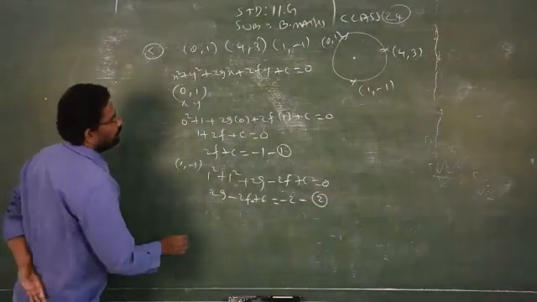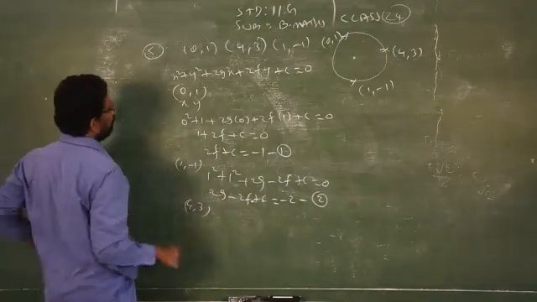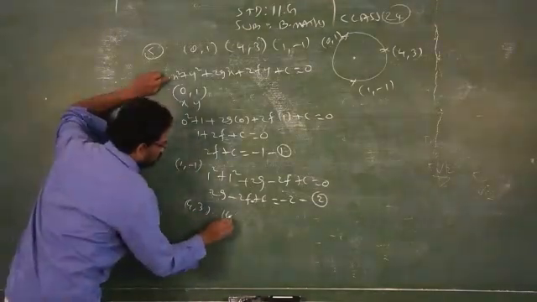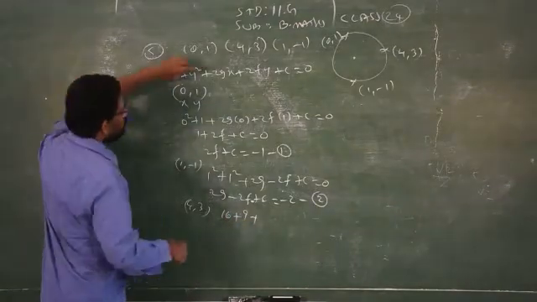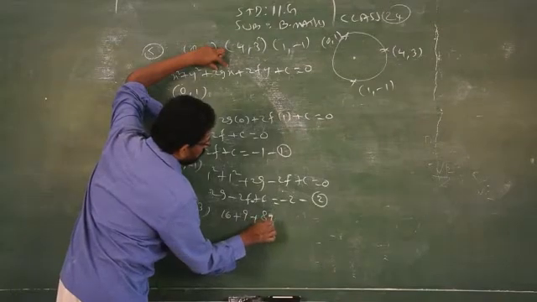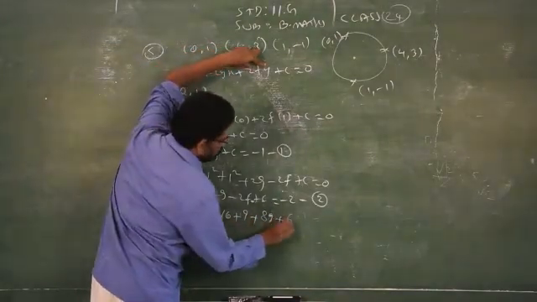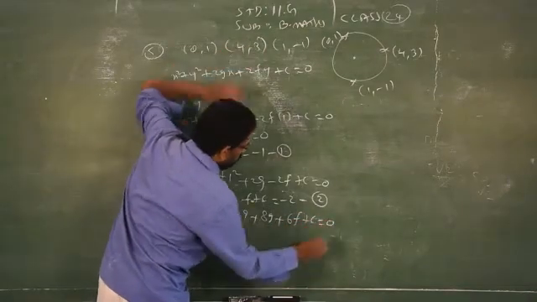Take the last point, 4 comma 3, and replace in the general equation x by 4, that is 16, plus 9, plus 2 times 4 is 8g, plus 2f times y replaced by 3, that is 6f, plus c is equal to 0.